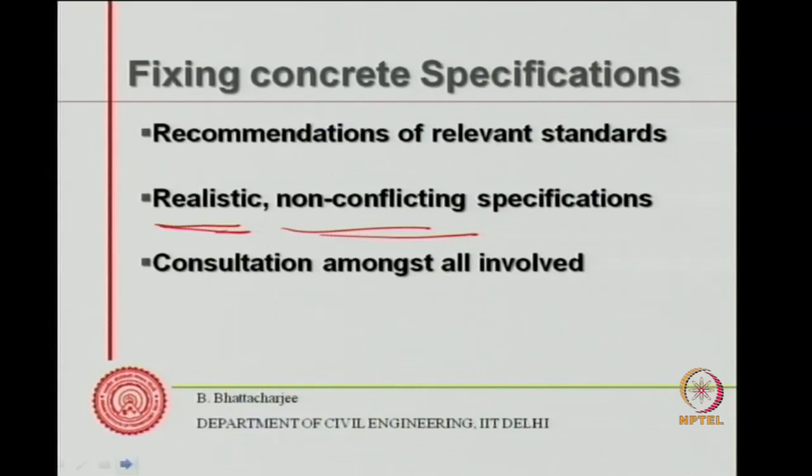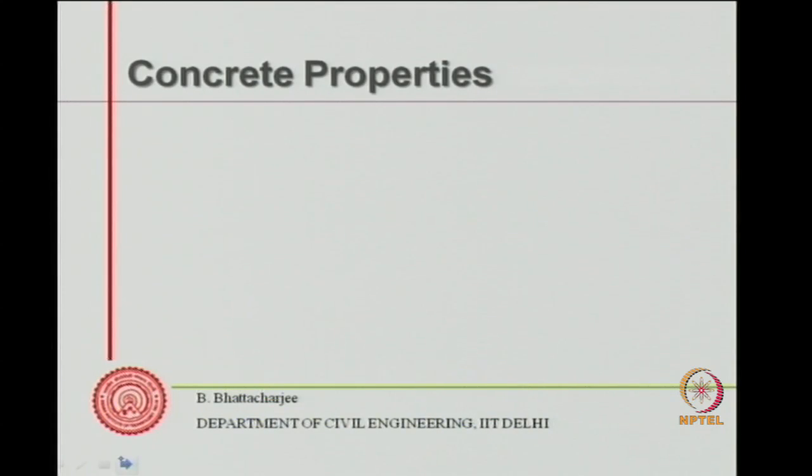So the contribution of all the people involved should be taken into account, and then these specifications are finalized. And obviously previous experience in a similar site plays a big role. So specifications are fixed according to past experience, codes, ideas from everybody involved, and so on and so forth.